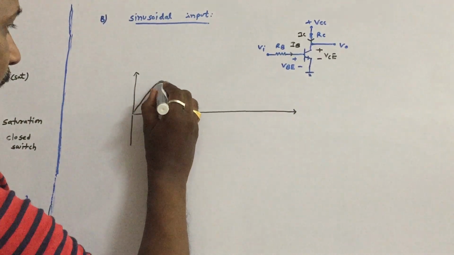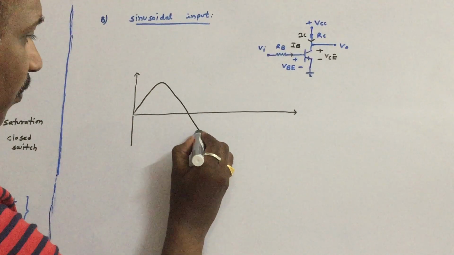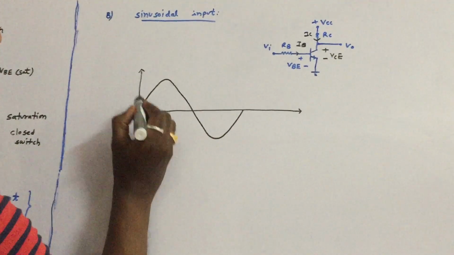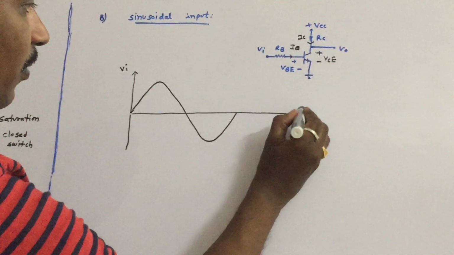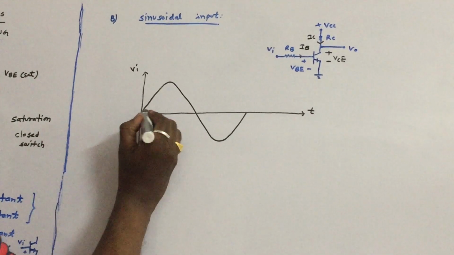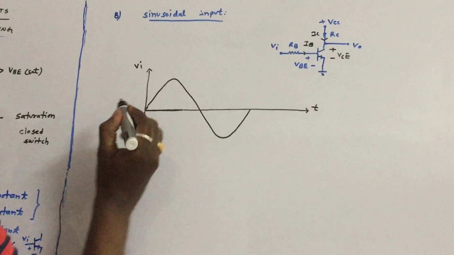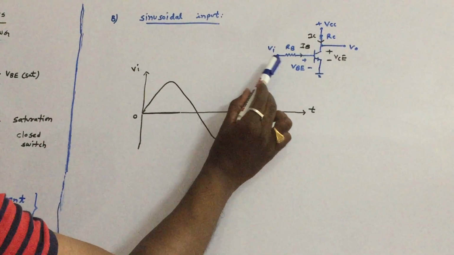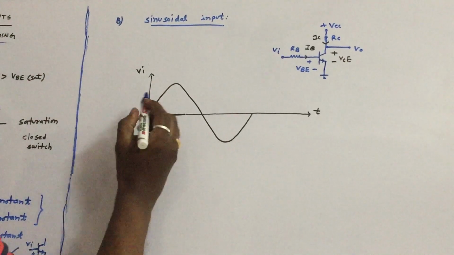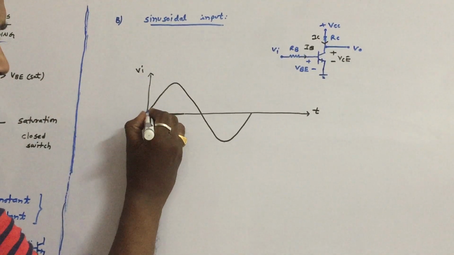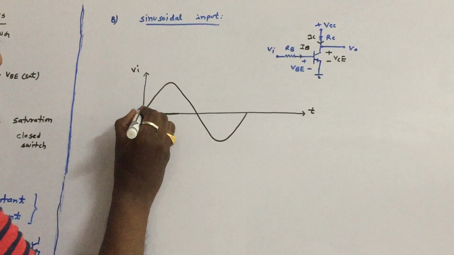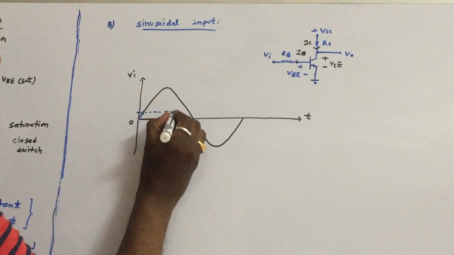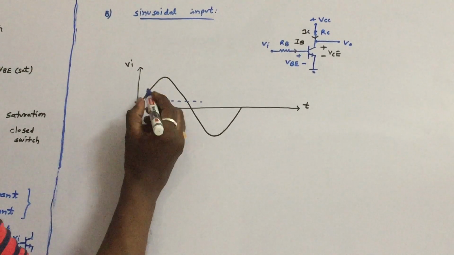Let us say this is the sinusoidal input voltage we have applied to the circuit. We represent the base to emitter voltage in this diagram. When the input increases, clearly see, the base to emitter voltage also increases till VBE cut-in. Just mention one dotted line here for VBE cut-in.